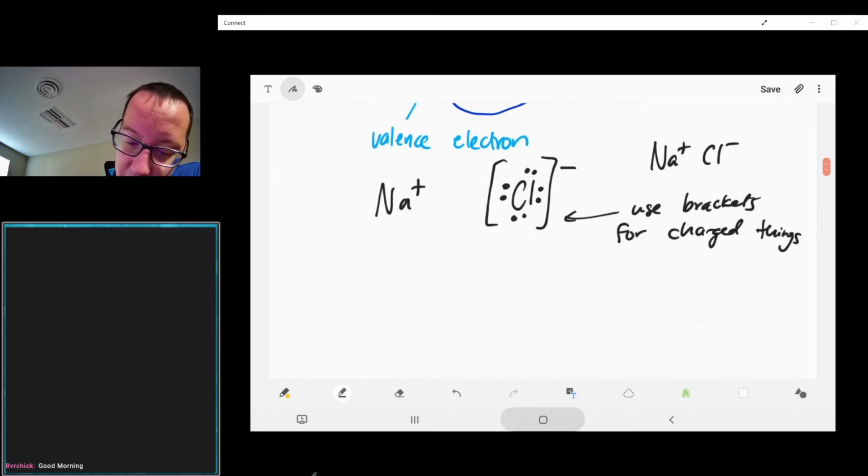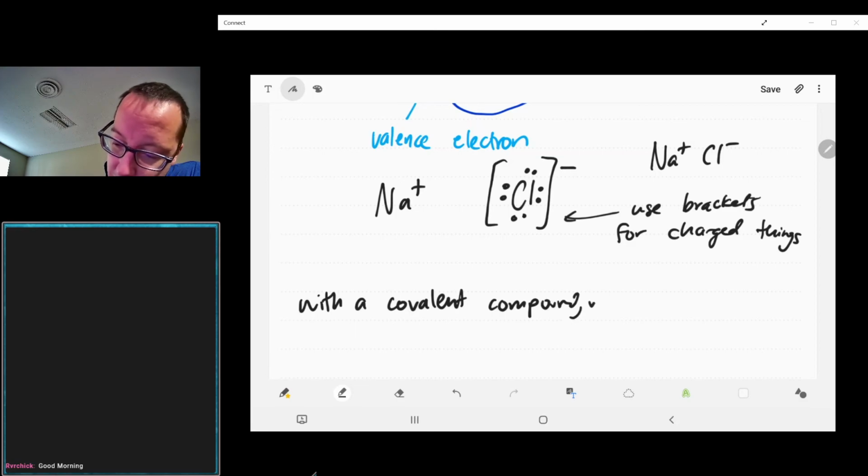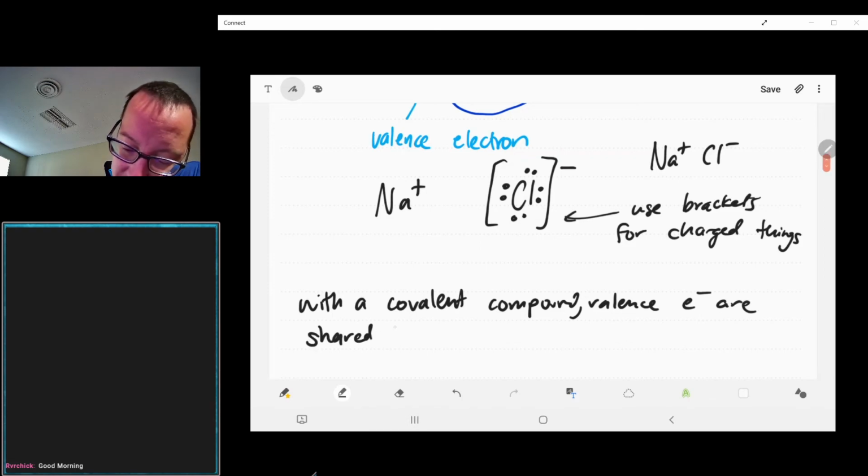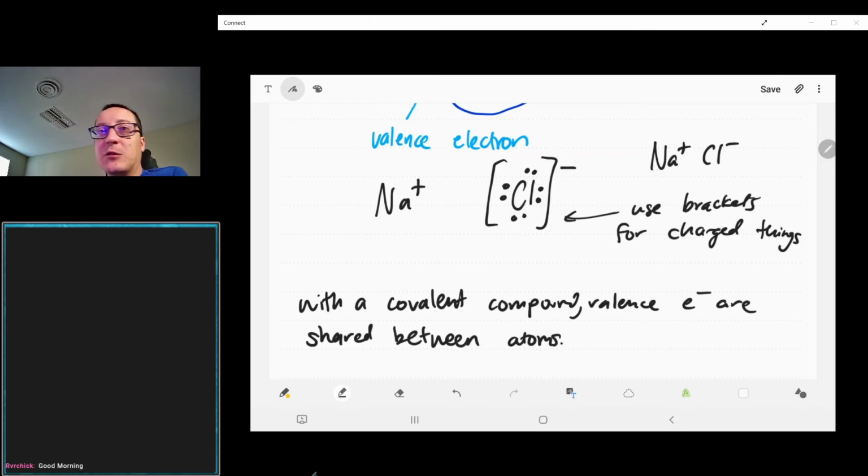So with a covalent compound, we're going to see that valence electrons are shared between atoms. If we look back at that ionic one we just did, there was no sharing.